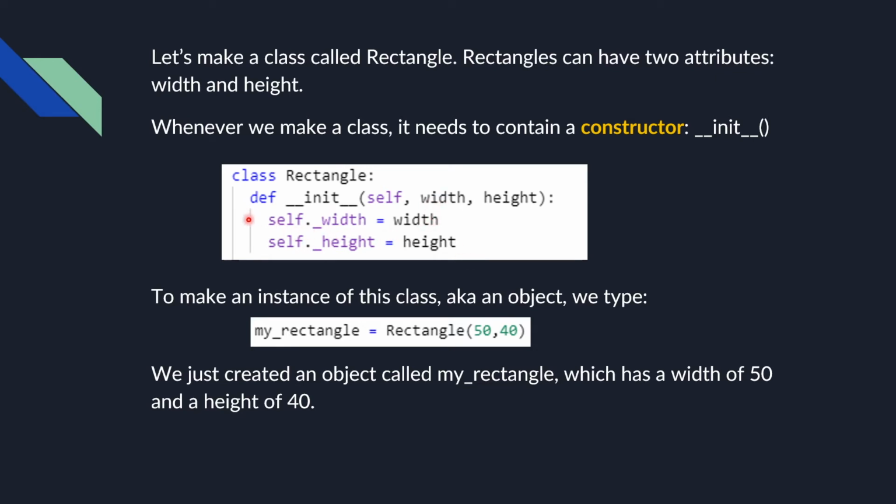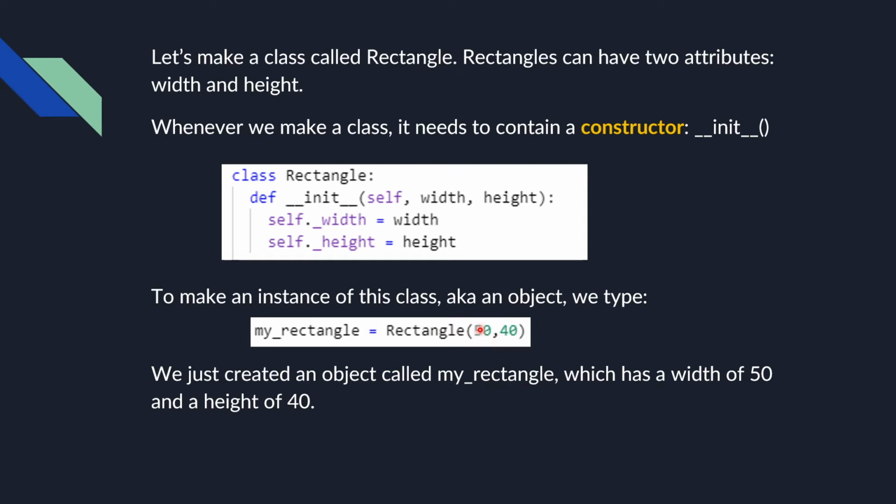I wouldn't worry too much about the syntax here. Self just means that it's referring to itself, its own class, and the underscore here makes these private variables, which means you can't access them from other classes. So what's going to happen? Here we created a rectangle by calling the rectangle class and giving it the arguments the constructor needs, 50 and 40.